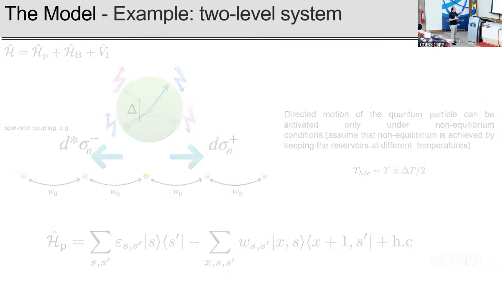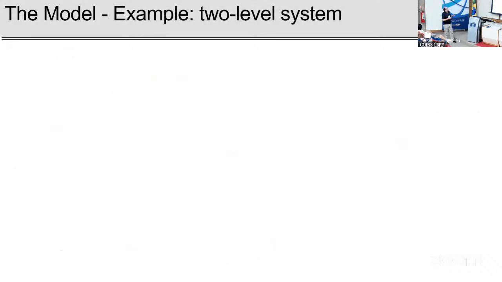I would like to emphasize that quantum effects will play a role in the motion of the particle, but in principle, if you have a complex energy structure or complex spin-orbit coupling, then they may play a role in the energy transfer itself.